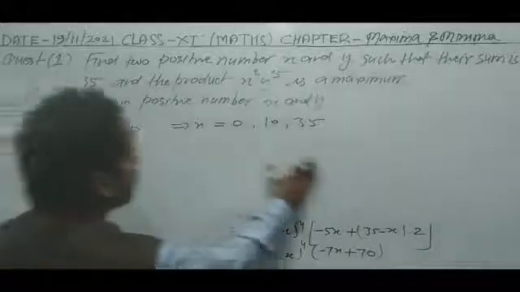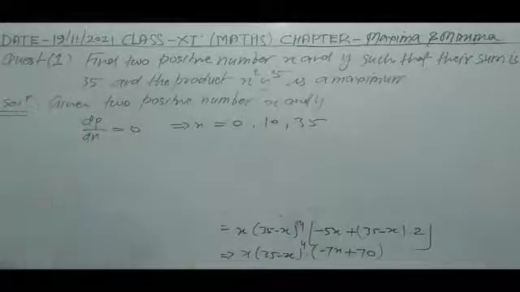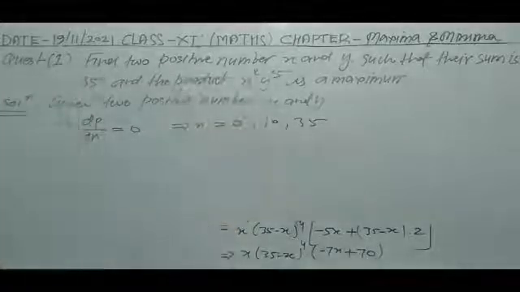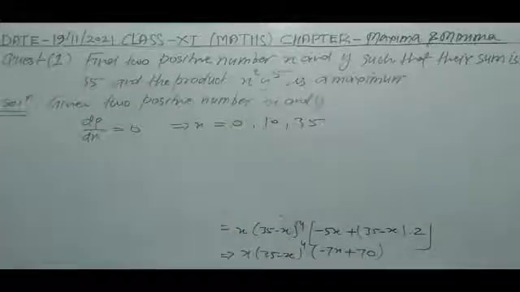When x is equal to 0, the whole result of dP by dx will be 0.